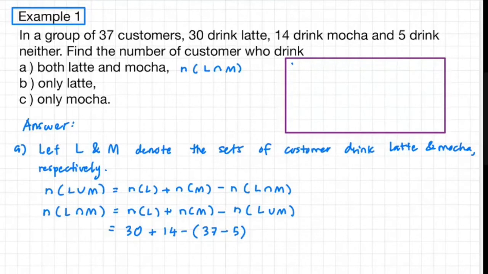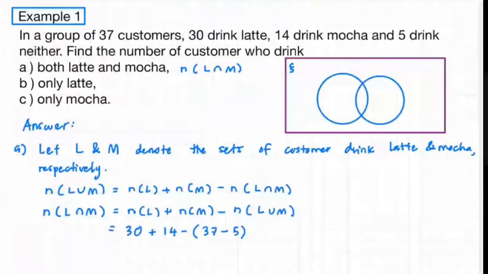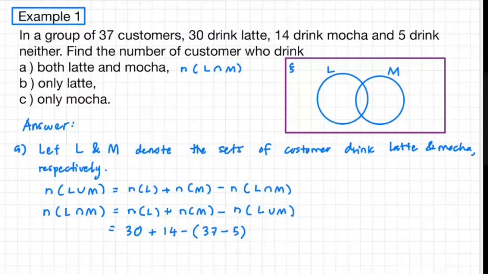The universal set here, then you have two sets, L and M. This is L, this is M. The total is 37, and you have 5 who drink neither, so the 5 must be here, outside the circles.